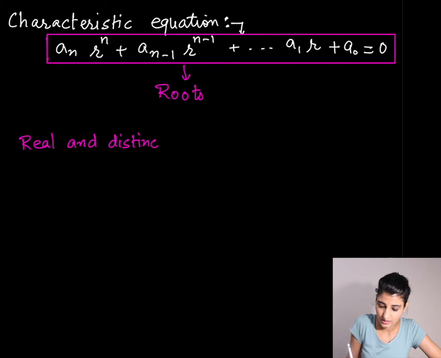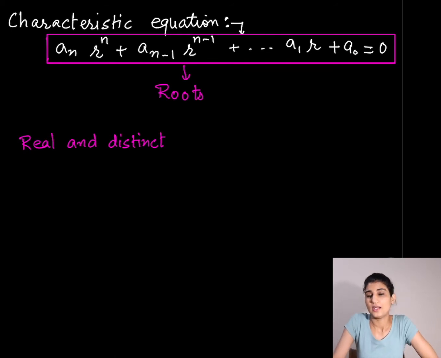So now we have n roots. Previously we had just two roots, so it might be possible that two roots are real and distinct, two roots are repeated, and other roots are complex. Anything is possible, right?